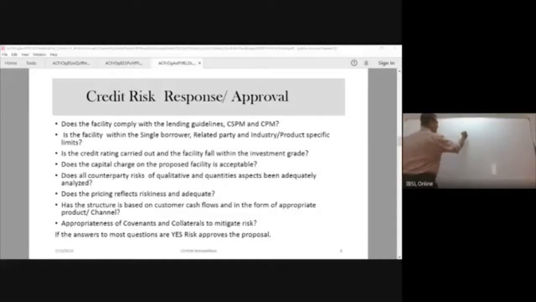We have company A, which is a AAA company. We have company B, which is not rated, or we say a single B company.